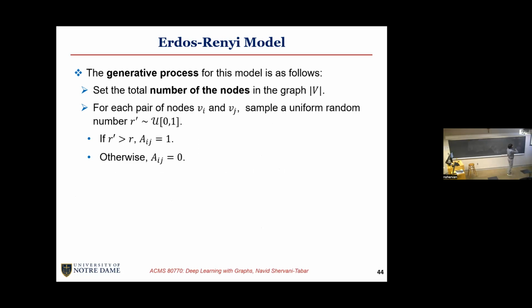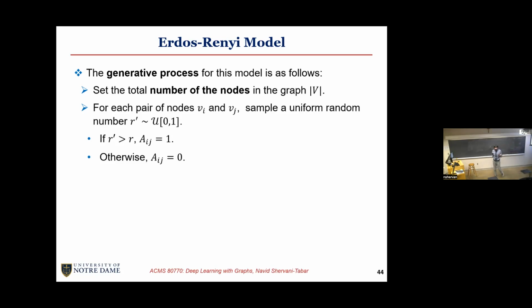Just to put that in notes, let's say that we are given V nodes. So we know that we are going to generate a graph with V nodes. And then we're going to select any pair of nodes in that graph. One by one, we're going to go through all pairs of nodes Vi and Vj, and then we're going to sample a random value, R prime, between 0 and 1 uniformly.